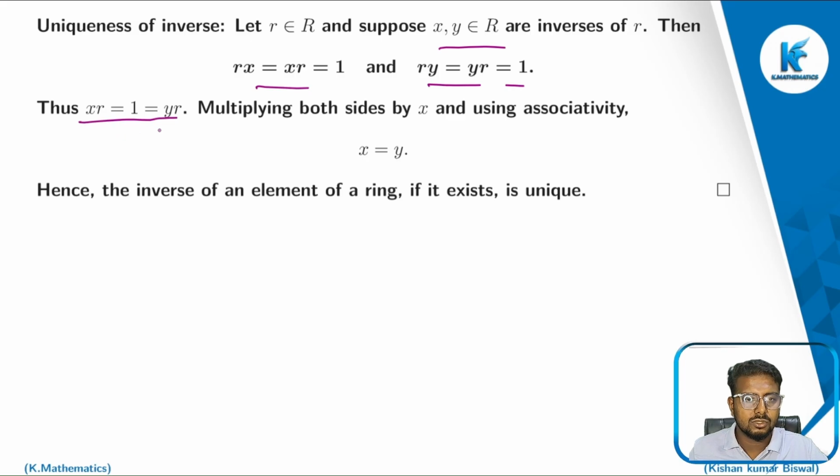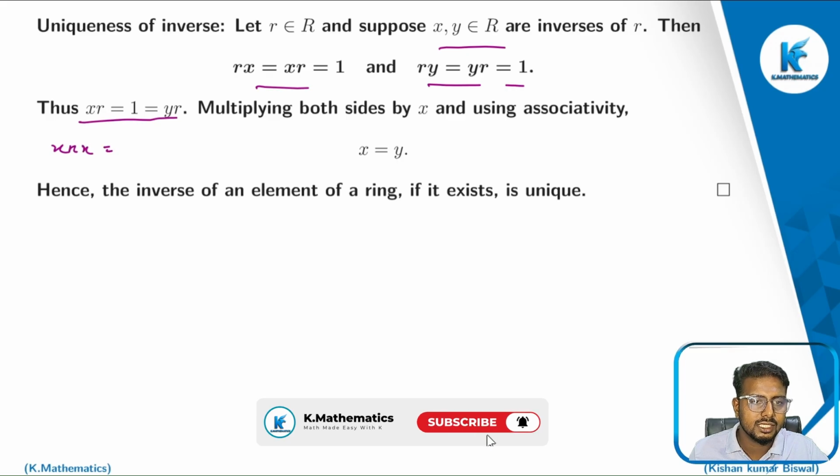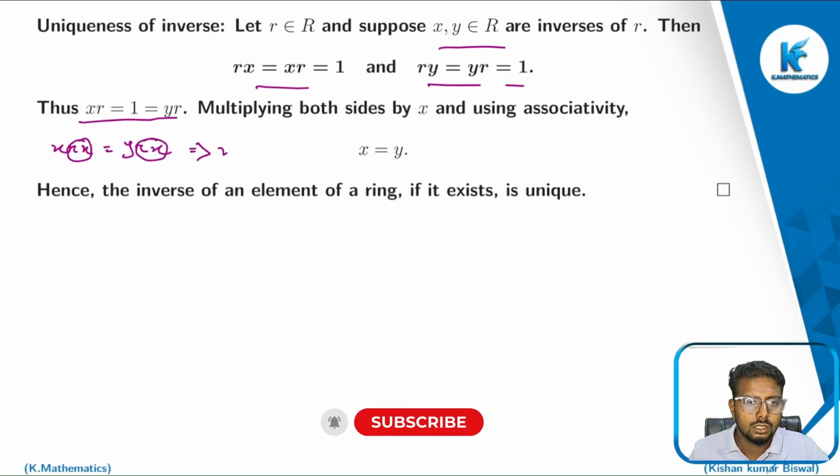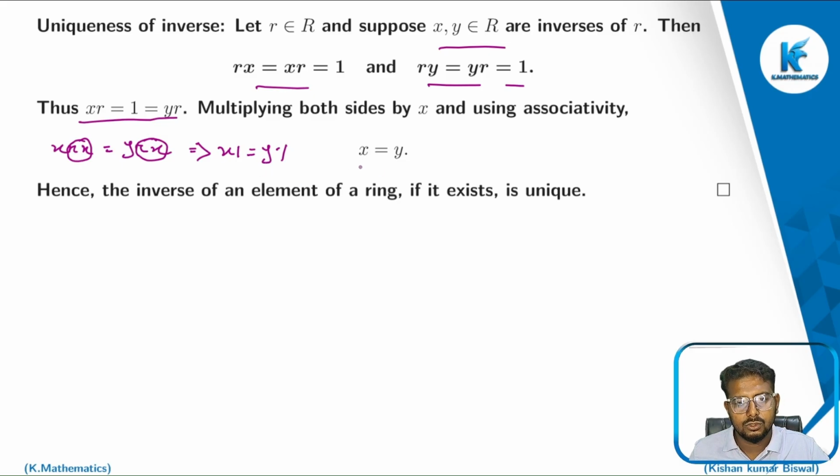So from this equation, if we multiply both sides by x, this is equal to x into r into x equal to y into r into x. So here r into x equal to 1, this is equal to x into 1 equal to y into 1. So here 1 is multiplicative identity, so this is equal to x equal to y. So here the inverse of an element is unique.